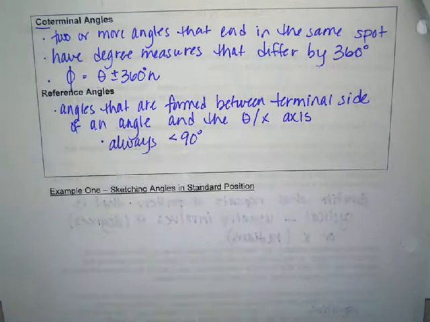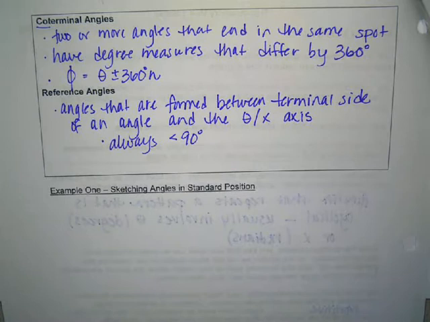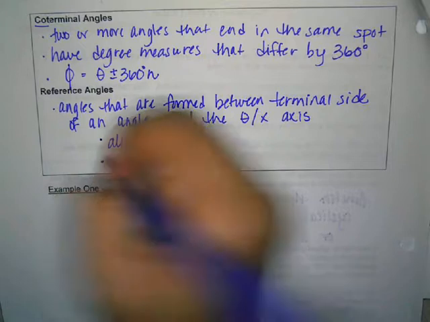The reason these are helpful in lots of different situations that you'll see, I mean they'll keep popping up, is that they do allow us to have a reference point. So instead of dealing with an angle that's maybe over 2,000 degrees, we can use the reference angle to find the same value as using the very large angle. So it usually simplifies the process if there is a reference angle.